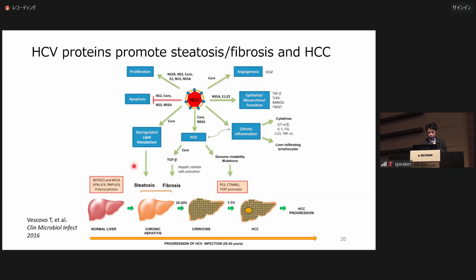Then steatosis and fibrosis progressed. And also, it induced genome instability and mutations. So this instability also progressed HCC. So HCV is a very big inducer of liver fibrosis and HCC.